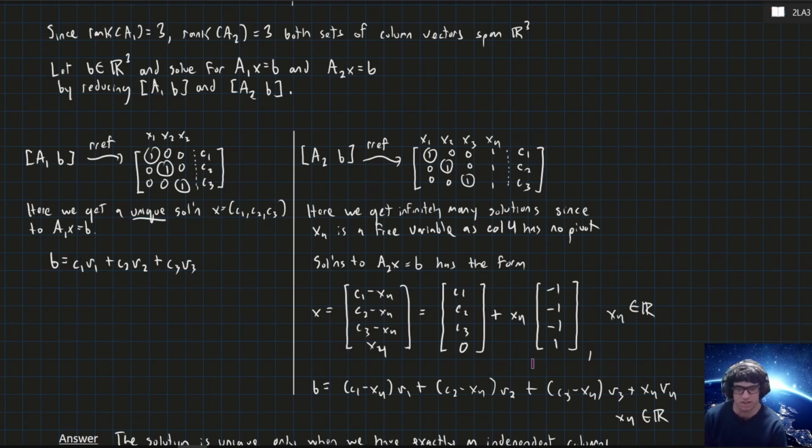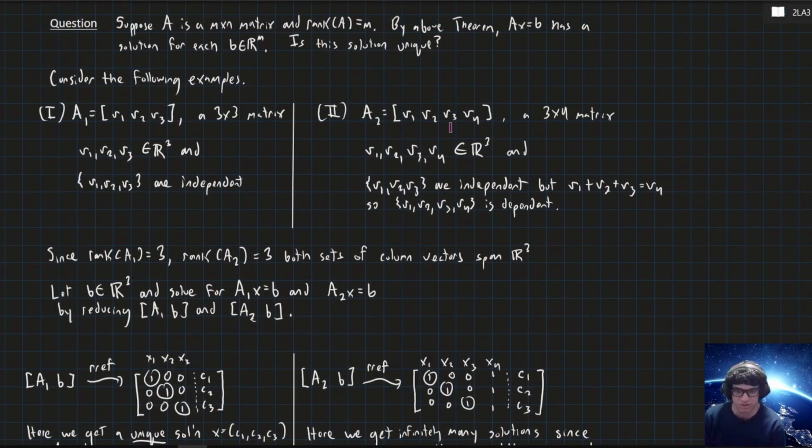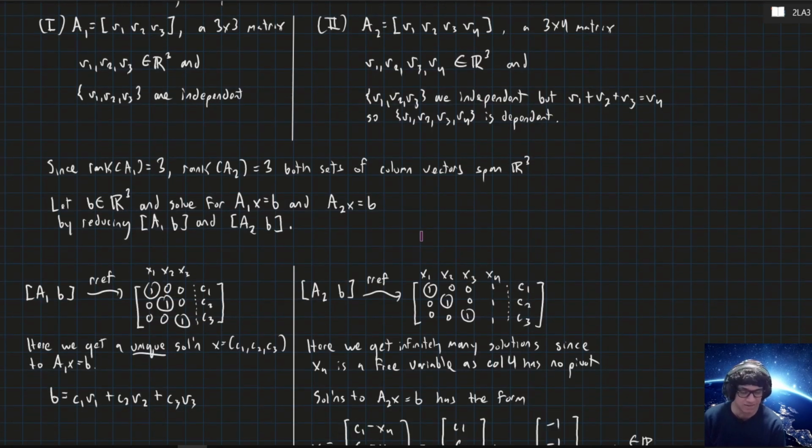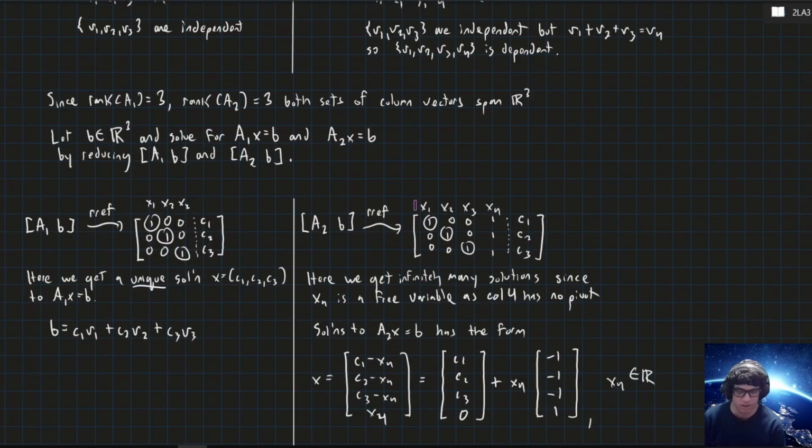For the other example, for A2, when we put this into reduced row echelon form, what will we get? Well, remember the size of our matrix, A2 is a bigger matrix, so it has 4 columns. That means our x has 4 entries in it, so we have 4 variables.